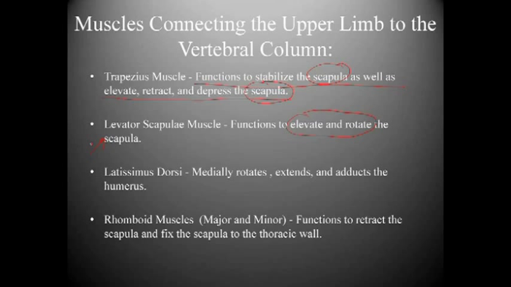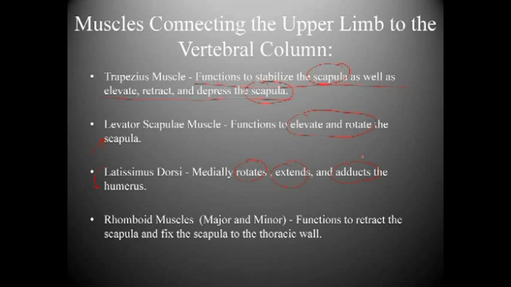The latissimus dorsi medially rotates, extends, and adducts the humerus. So the latissimus dorsi is going to be controlling the humerus in some sense, and going to be in charge of rotating it, extending, and adducting. So bringing it back to the body is what the latissimus dorsi is going to be charged with.